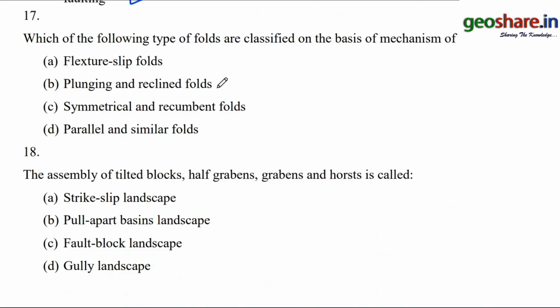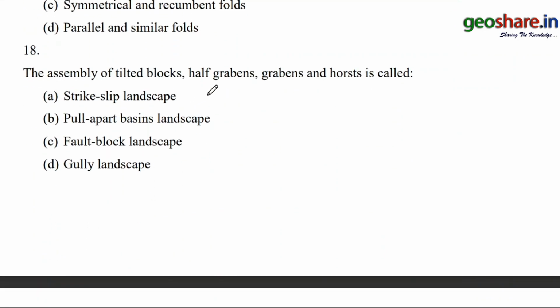Which of the following types of faults are classified on the basis of mechanism of folding? Flexural slip faults. The assembly of tilted blocks, half grabens and horsts is called fault block landscape.